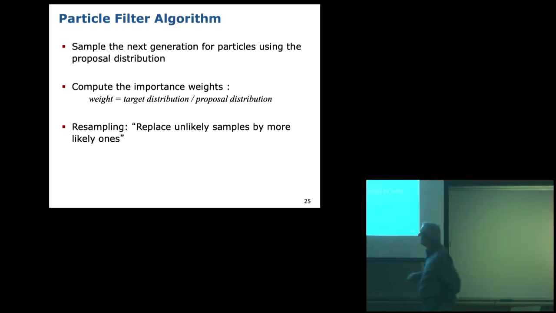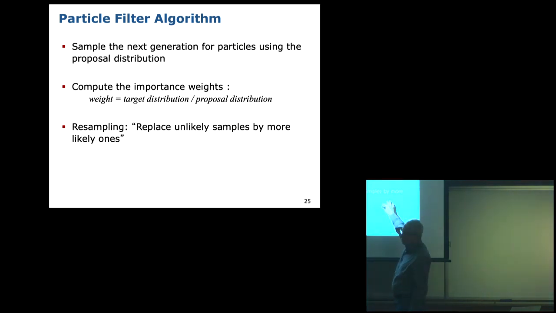So the particle filter algorithm is basically nothing else but a procedure that uses particles for representing the belief or hypothesis, weighted particles. The weight is the target distribution divided by a proposal distribution that is, in the context of localization, nothing else but, for one observation, the observation likelihood of the latest measurement given the state of the particle.